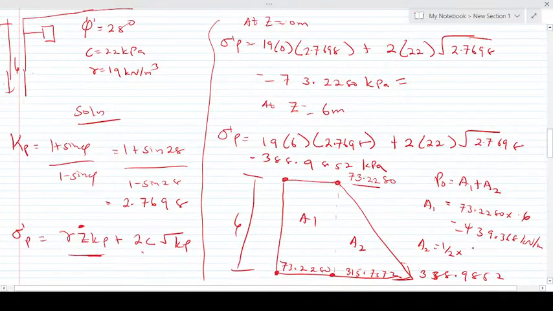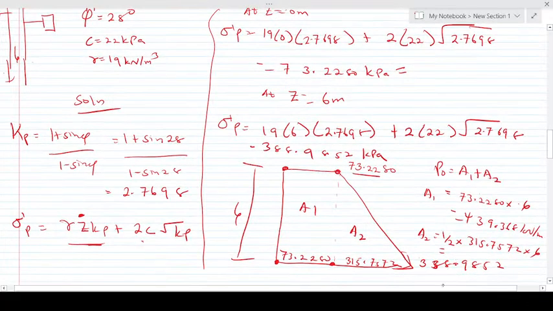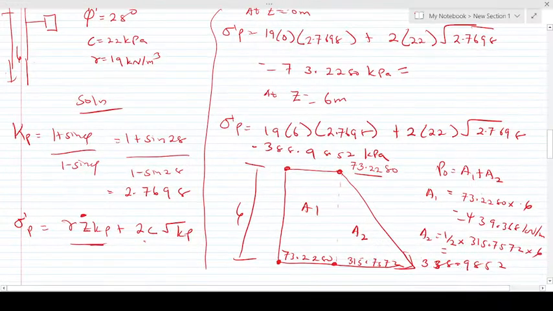Then A2 is simply half times the base. What's the base? 315.7572 times again 6. And what do we have? We have 947.2715.